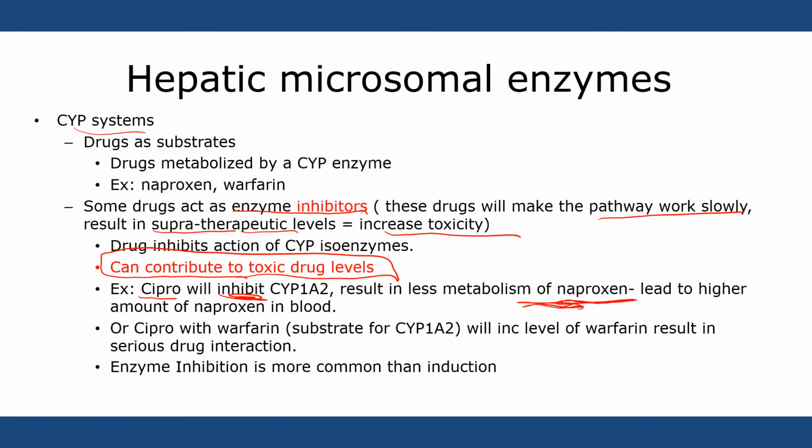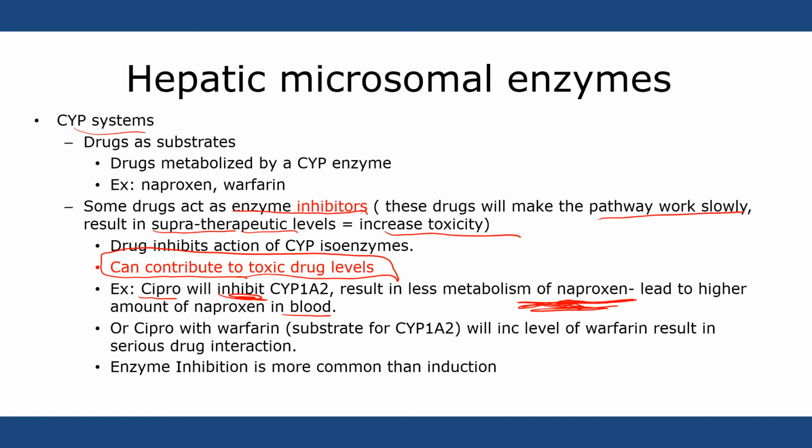So nothing happens to Cipro, but Cipro is acting as an inhibitor for another drug. In this case, it's acting on naproxen. So it will lead to a higher amount of naproxen in the blood. In other words, we are not going to metabolize naproxen at the same rate as if we were not on Cipro. So you will slow down the process. That will build up the amount of naproxen in the body, and you will have naproxen toxicity.